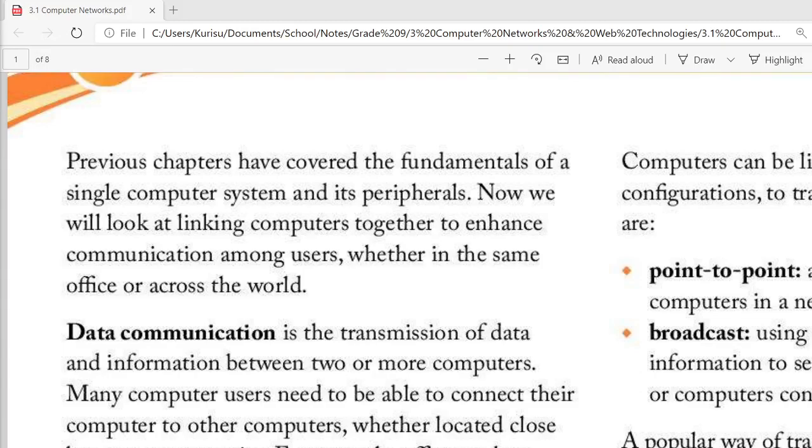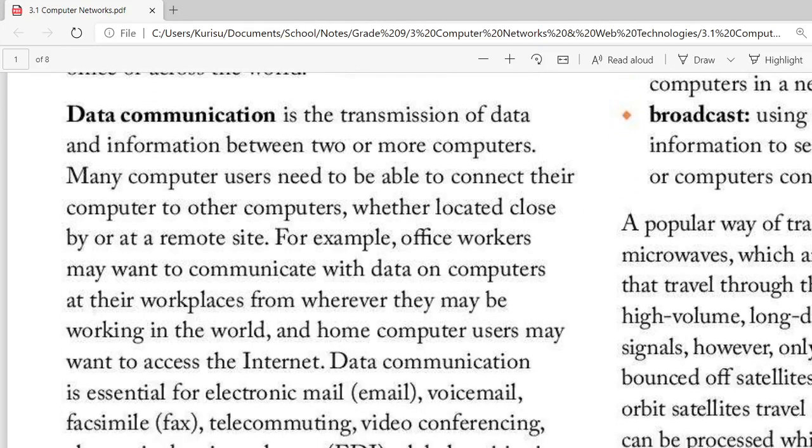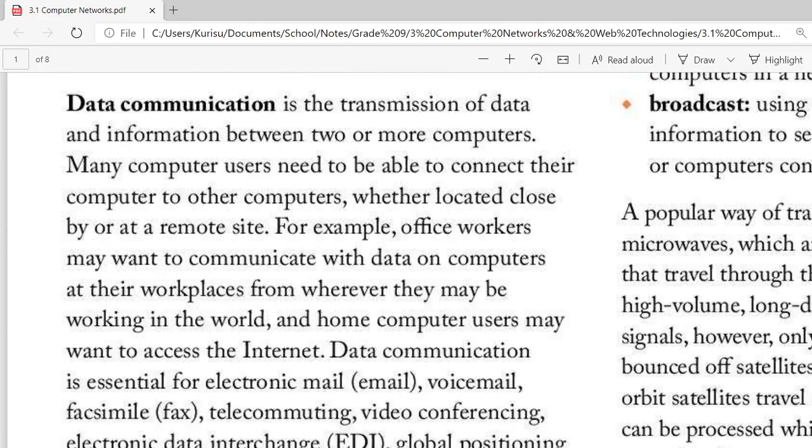For example, office workers may want to communicate with data on computers at their workplaces from wherever they may be working in the world, and home computer users may want to access the internet. Data communication is essential for electronic mail (email), voicemail, fax, telecommuting, video conferencing, electronic data exchange (EDI), global positioning systems (GPS), online services, social media, and the internet.